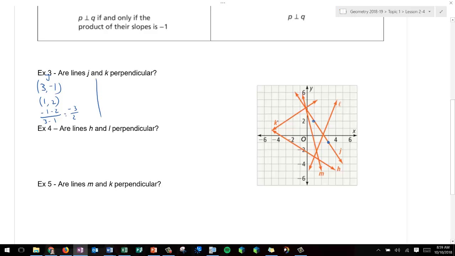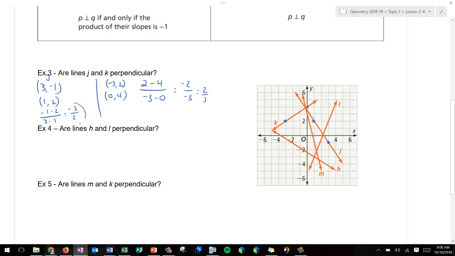If I'm now looking at K, it looks like I have a point at -3, 2, and I have another point at 0, 4. So if I check my slopes there, I'm going to do 2 minus 4 over -3 minus 0. And that's going to give me -2 over -3, or 2/3.